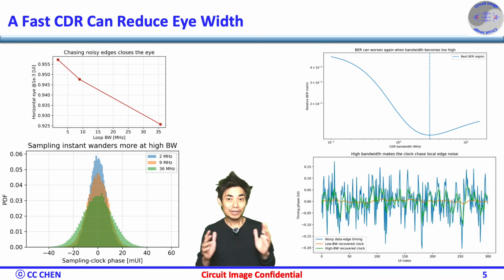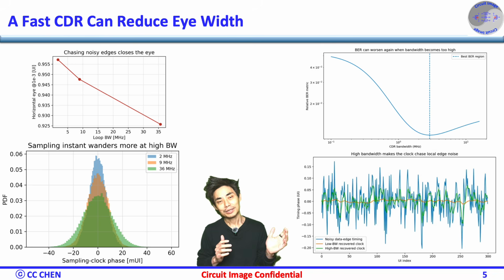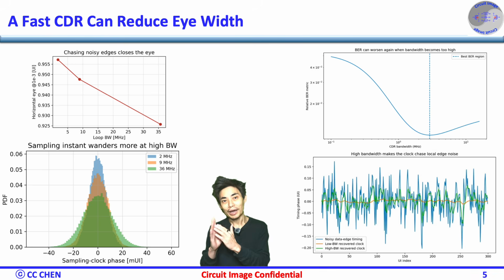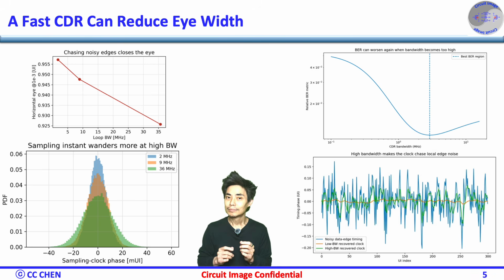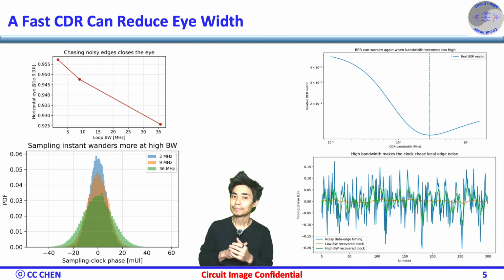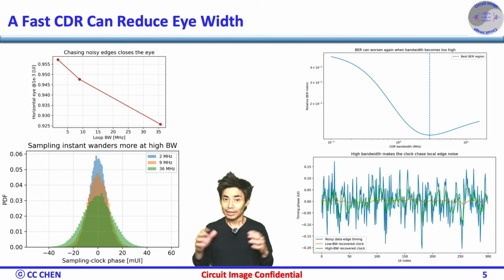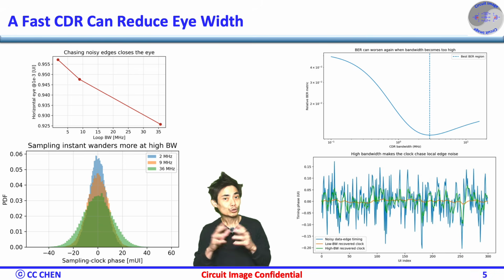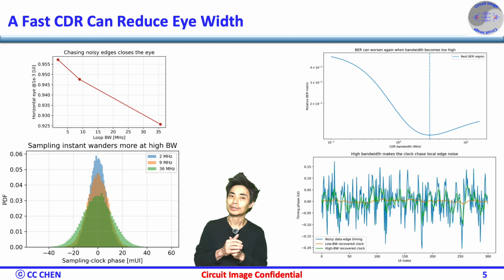Sometimes the sample is closer to the left edge. Sometimes it's closer to the right edge. So even though the CDR is fast, the timing margin can get worse. This is an intuitive lesson. A faster CDR can hurt the eye if it's chasing the wrong timing information.